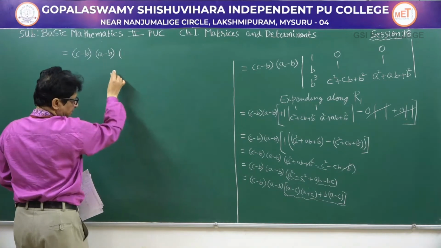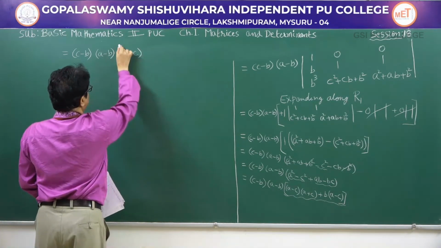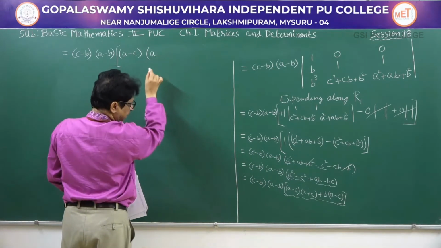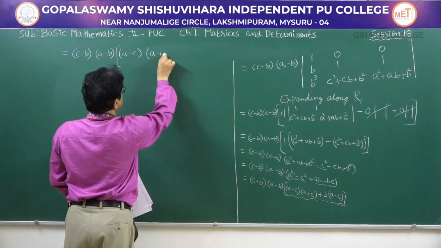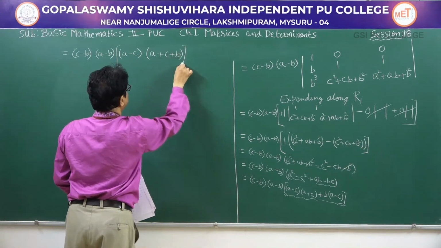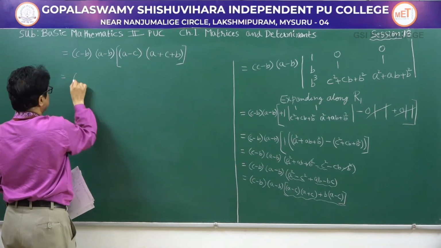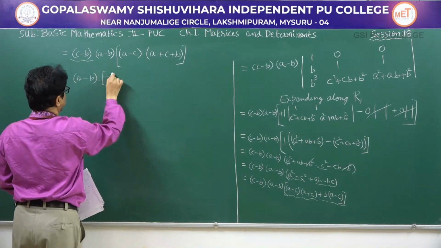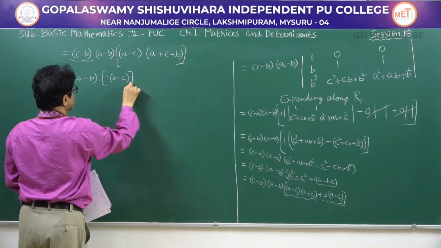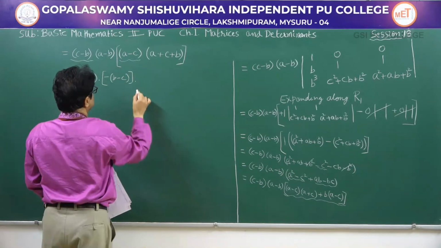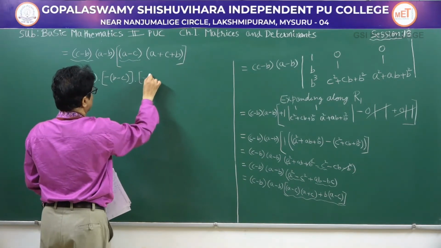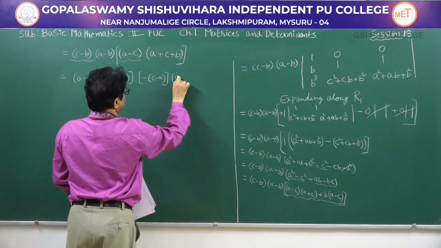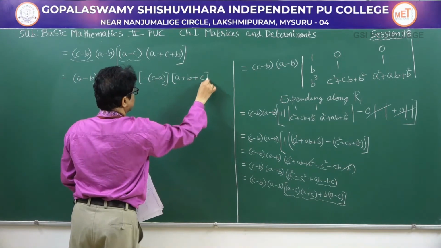In these terms we can take a minus c common, that will be equal to c minus b into a minus b into, if I take a minus c common, we get a plus c plus b. So this will be equal to a minus b into, in these terms I take minus common, we get b minus c into, in these terms I take minus common, it will be c minus a into a plus b plus c.